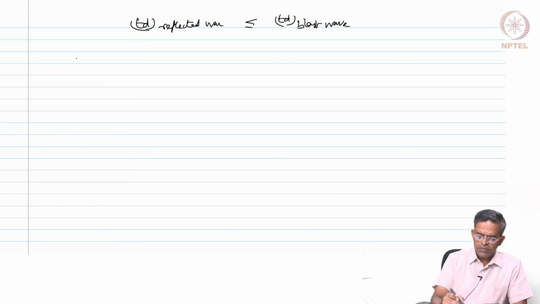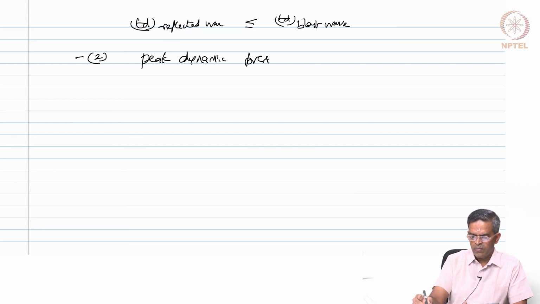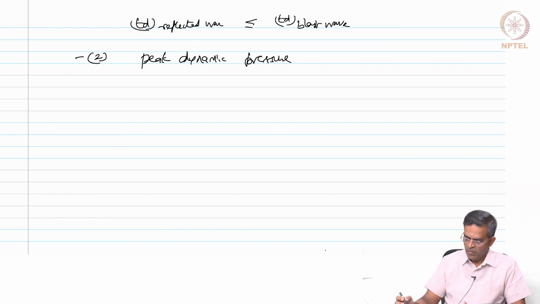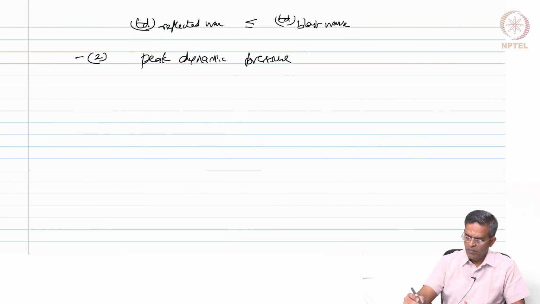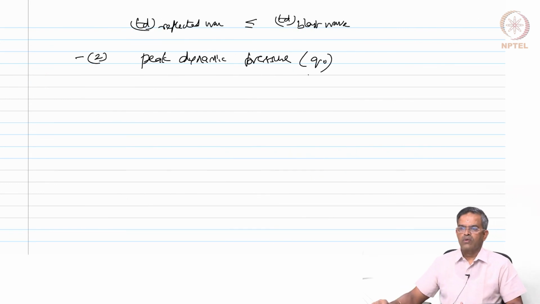Let us talk about the next parameter, which is peak dynamic pressure, which is given as Q naught.